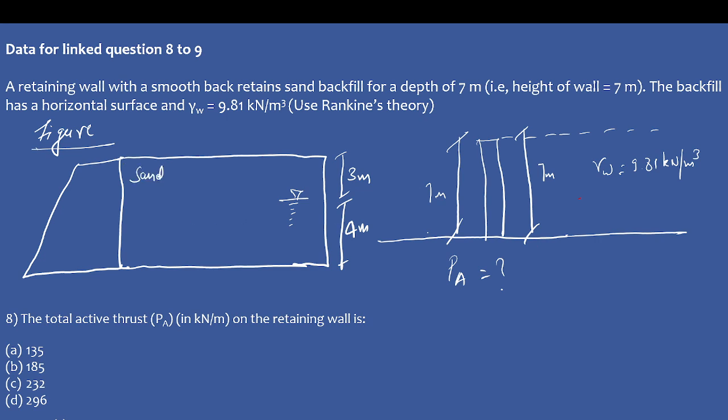Here this is your sand, with gamma dry of 17 kilonewton per meter cube, and your phi is 25 degree. Another layer of soil is this, also sand. Your gamma saturated is 22 kilonewton per meter cube, and your phi is 25 degree.